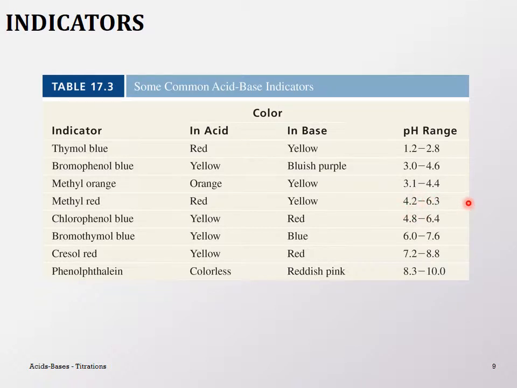So obviously you're not going to use it for a weak acid titration, because a weak acid will give you a strong conjugate base, so your pH is going to be higher. You really don't want to use methyl red for that. So you choose your indicator depending on the pH range of that indicator. You have used phenolphthalein before, and phenolphthalein gives you a nice range of 8.3 to 10. It's a nice strong base.